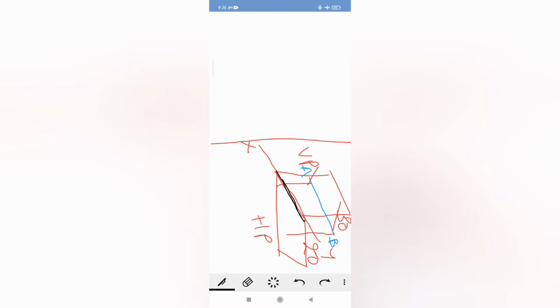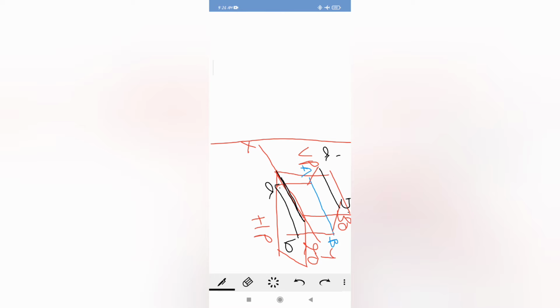From the front view we will represent the same line as A dash B dash, and in the top view we will represent the same line as AB.